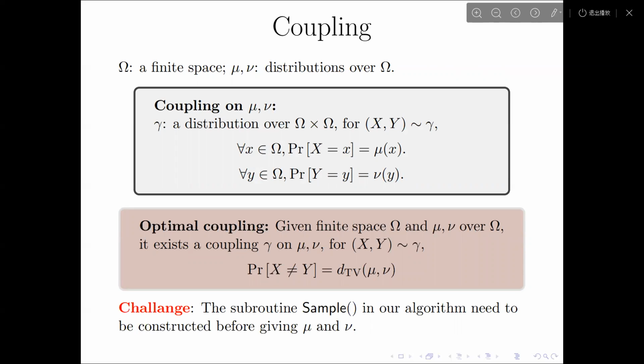By the well-known coupling lemma, given a finite space Omega and two distributions mu and nu, there exists a coupling gamma of mu and nu such that, taking a random (X, Y) distributed as gamma, the probability that X is not equal to Y is equal to the total variation distance between mu and nu.